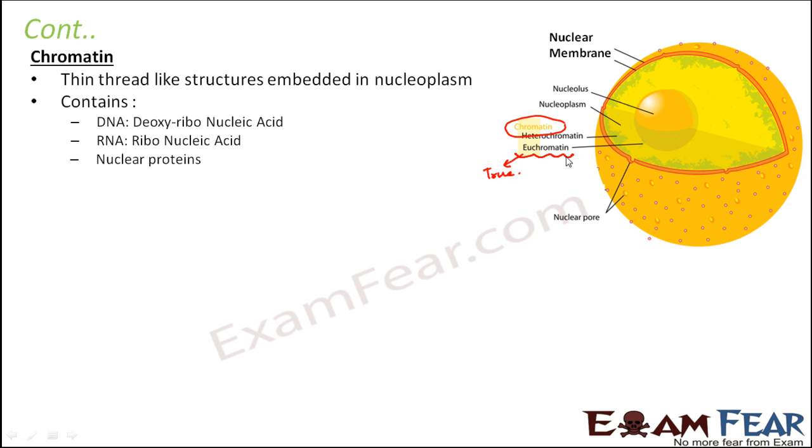This chromatin has those genes which can form RNA, and from RNA we can synthesize proteins. That is the normal process of protein synthesis. What is DNA, what is RNA, and how we create proteins will become a little more complex at this level, so for that we have to refer to class 12 videos. That is euchromatin. And what is heterochromatin? In heterochromatin the genes are not active, meaning the genes cannot directly make RNA.